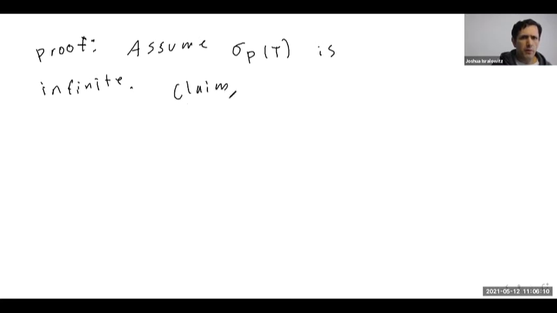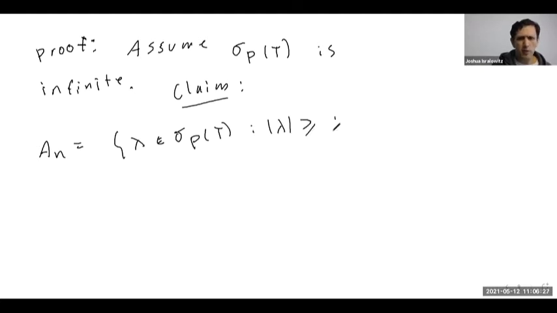So I want to prove the following claim, where A_n is the set of all eigenvalues with modulus bigger or equal to 1 over n. And I claim this is finite.